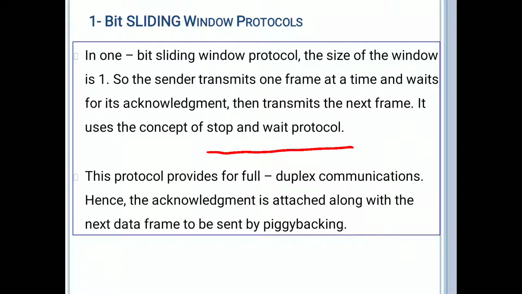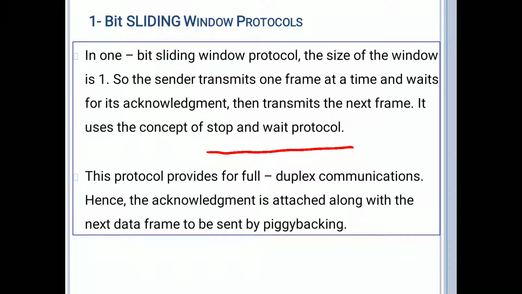So, here it is following the full duplex communication. So, what is full duplex communication? We have three different transmission modes. One is simplex mode, second one is half duplex, and the third one is full duplex mode. In simplex mode, at a time only one directional data transmission is there.